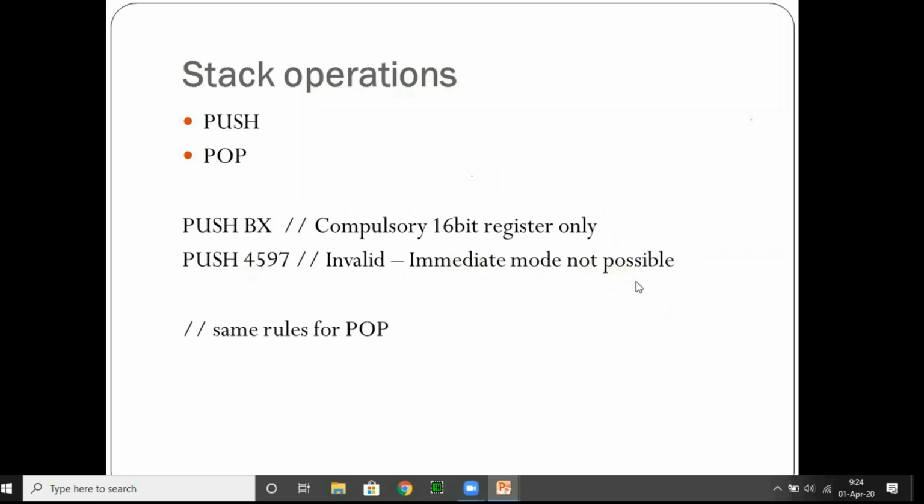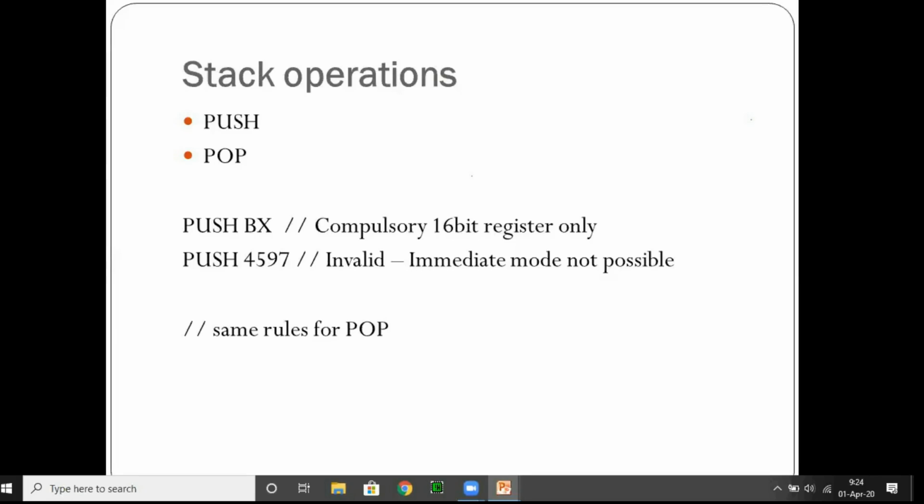Very, very important. At any point of time during your viva, somebody may ask you, can I do PUSH 1234 hexadecimal value? No, your answer should be no. Because push is followed by a register name only as per the syntax of the push operation. You cannot give a value directly because immediate addressing mode is not possible in stack operation.